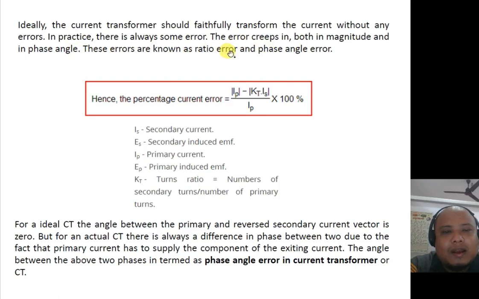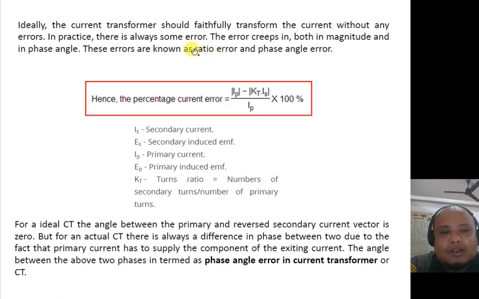Ratio error arises due to difference in the ratio of the magnitude. Suppose the CT has a turn ratio of 5:1. So if primary current is 5 ampere, secondary current should be 1 ampere ideally.